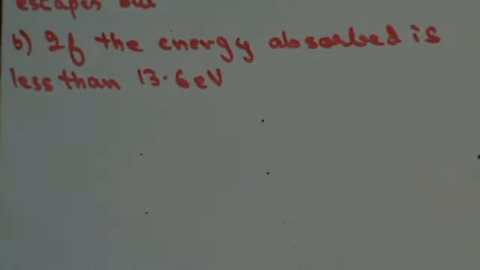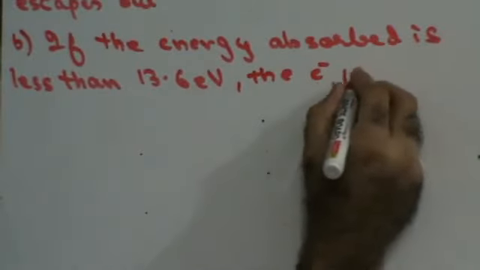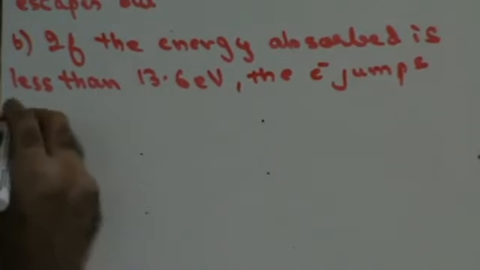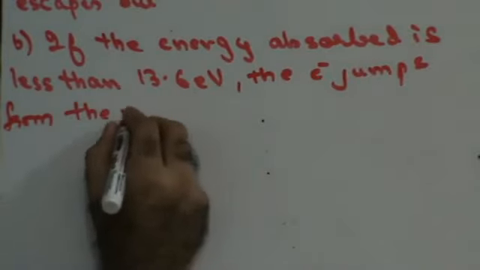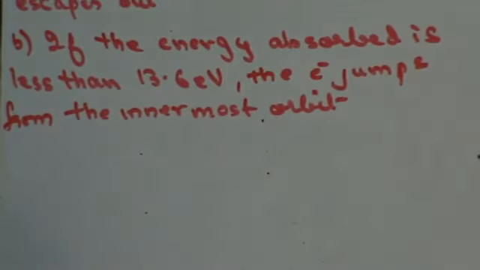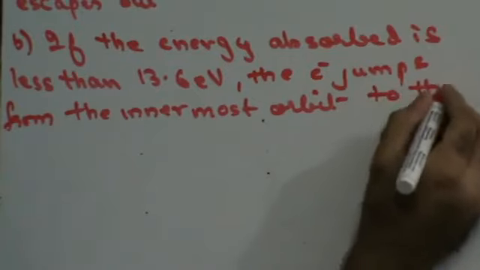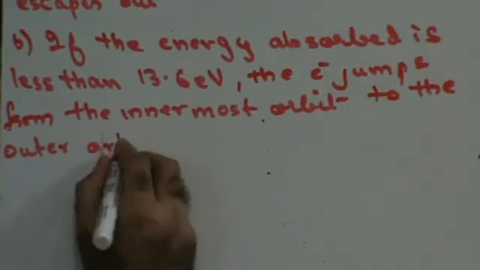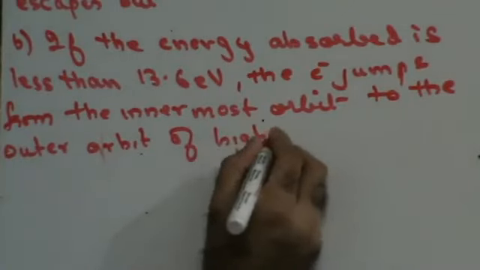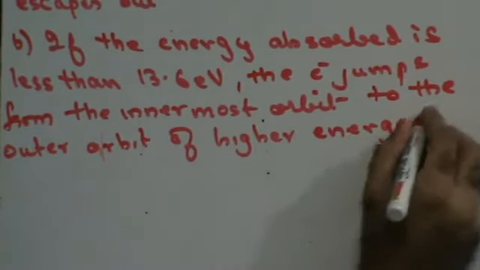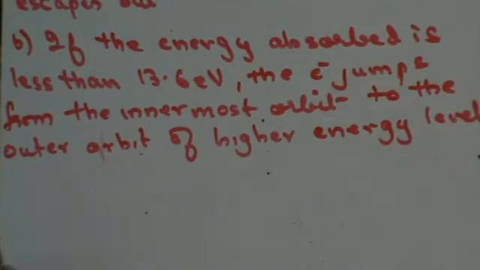So if the energy absorbed is less than 13.6 electron volts, the electron jumps from the innermost orbit to the outer orbit of higher energy level, and begins to revolve in it.